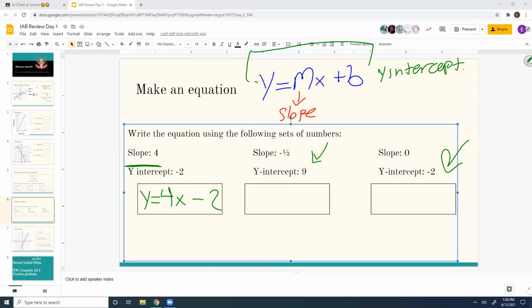M is our slope. Give it a shot. Y equals. Nice. So we always attach our what to our x? The slope. Good one, yes. Very good.